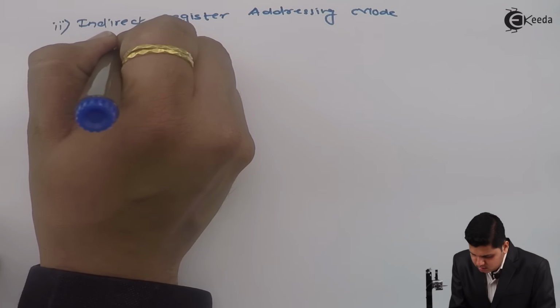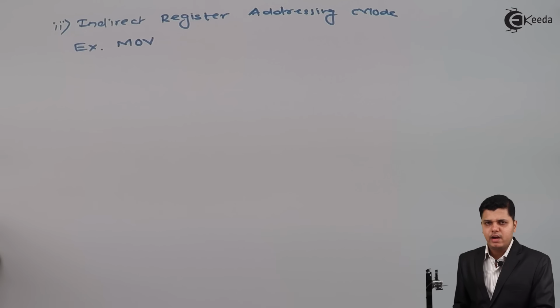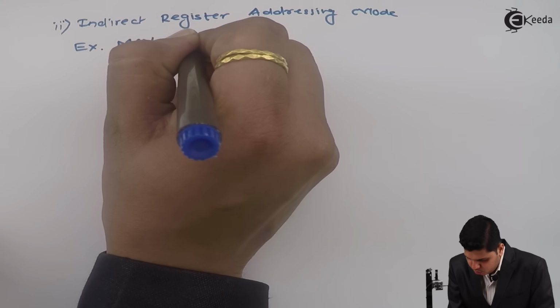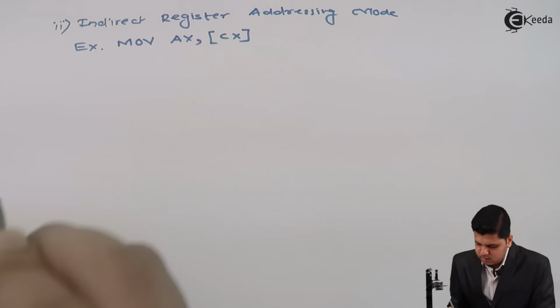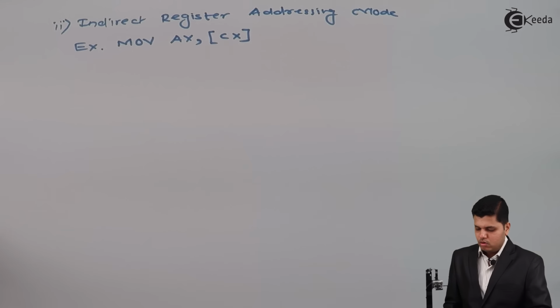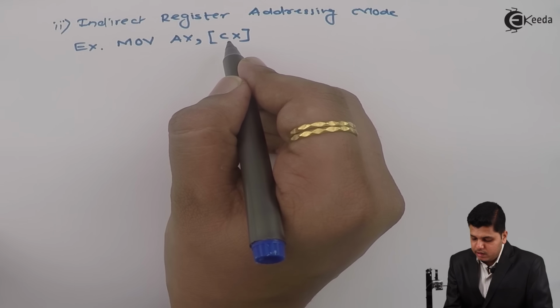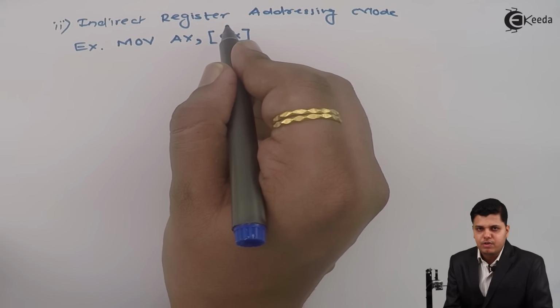In this addressing mode, the address is indirectly specified by using some other register. If I write MOV AX, [CX], the address is not directly available; it is available in the other register used for specifying that address.